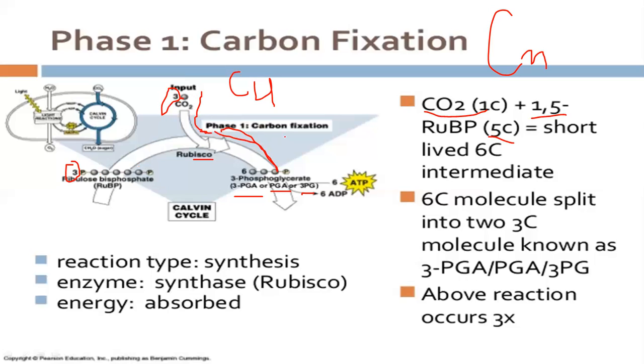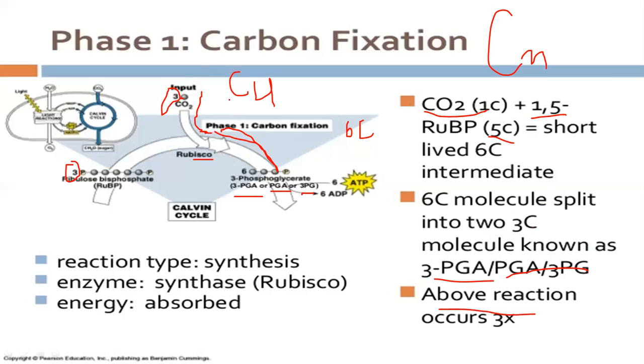So it will become a 6 carbon compound. It is a short-lived 6C intermediate, but there is no intermediate shown in this diagram. This 6 carbon compound is broken into 2 molecules of 3 carbon, known as 3-PGA, PGA, or 3-PG, phosphoglyceric acid or phosphoglycerate.